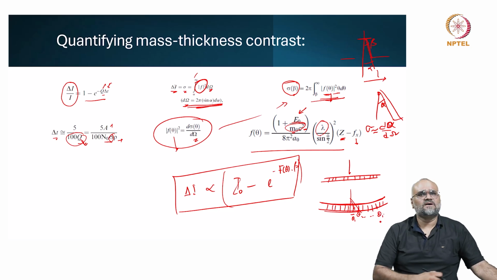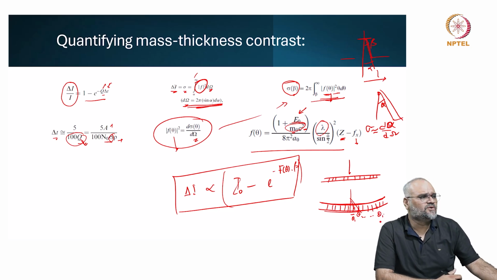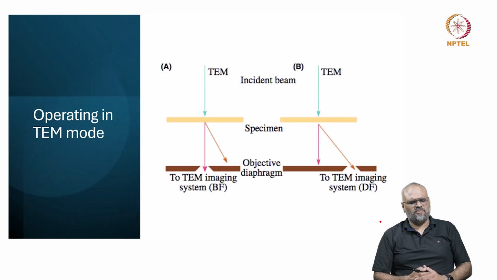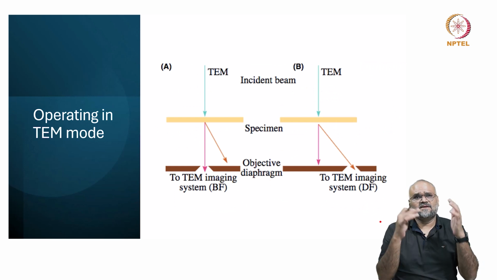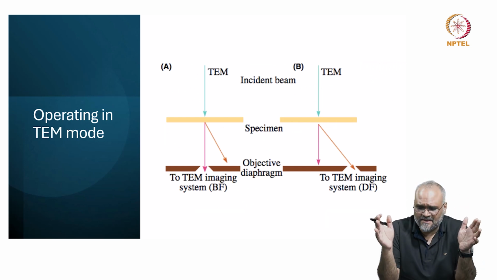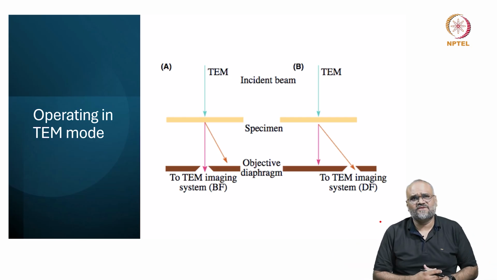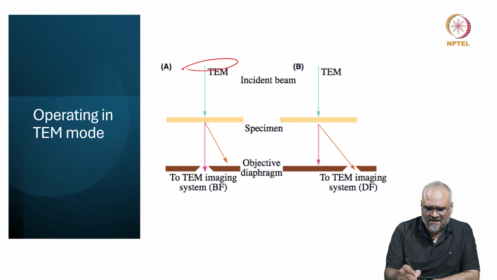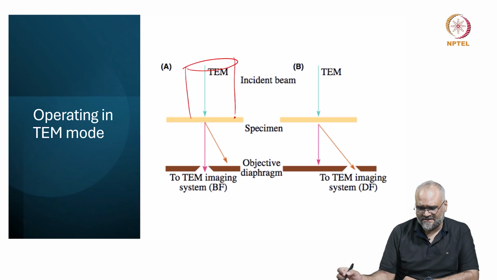Let me show you how the most common operating modes in TEM are with help of some example schematic, and by placing the apertures at different positions, you can actually play with the contrast of the image that you are recording. The most common modes in operating in a TEM are, you can have the electron beam incident as a parallel beam illuminating a pretty large area of the specimen, and let us say the beam has some kind of columnar illumination.